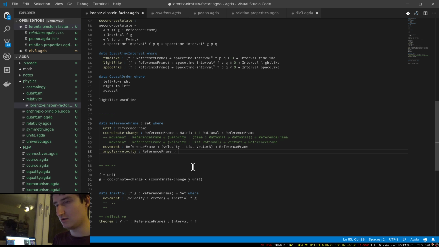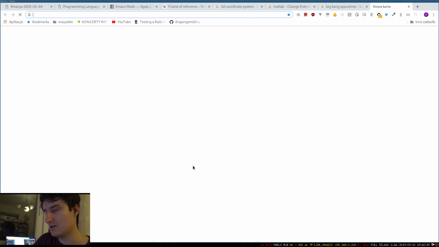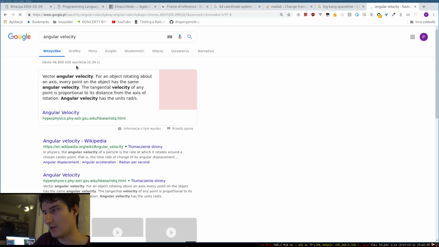With respect to the other, angular velocity is, what is angular velocity? It could be an angle. Actually, yes, it would be an angle, a direction, actually two angles, a direction and a speed. Or it could be a vector on the surface, what is it actually in physics?